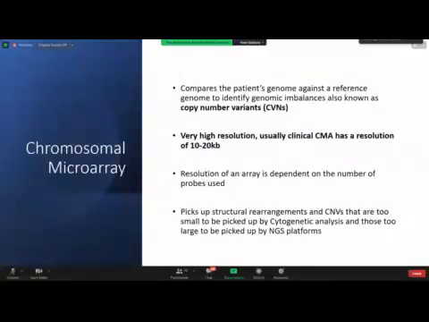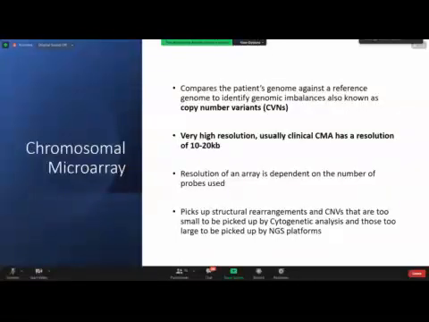So after that, the other alternative is chromosomal microarray. So what microarray does is it looks at your genome, for example, the patient genome against the reference genome. And there are a lot of commercially available microarrays of different strengths.